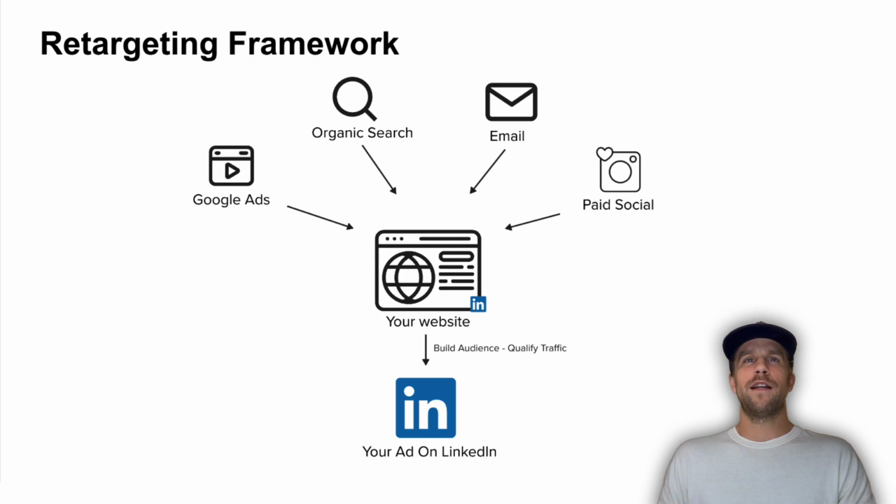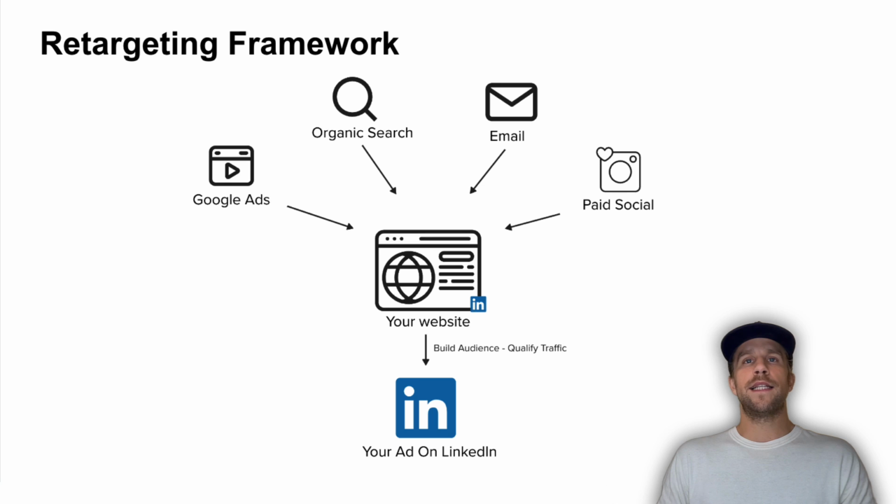So retargeting on LinkedIn, the goal here is we're going to set up a retargeting website visitor audience and show ads to those users. This is particularly good if you have traffic coming to your website already. Maybe you're running Google ads, maybe you have a lot of organic search traffic, you have an email newsletter and a lot of people click into your website, maybe you have a strong paid social following and people visit your website.